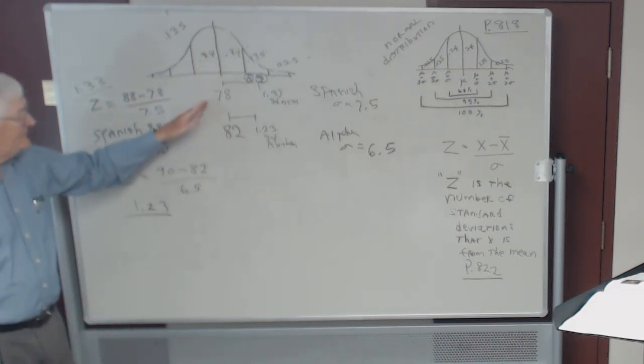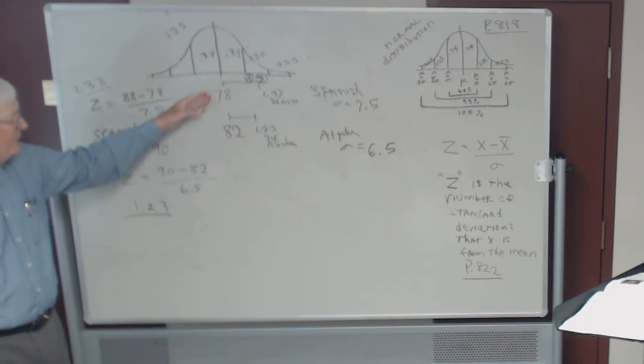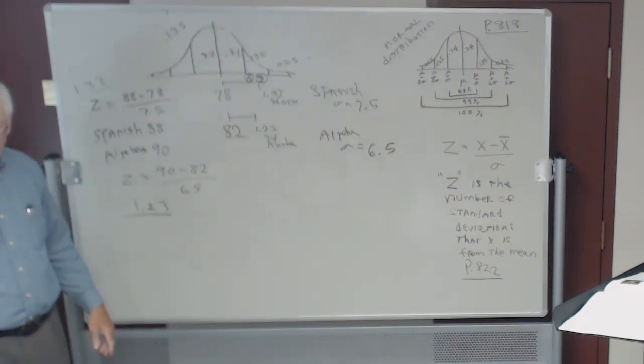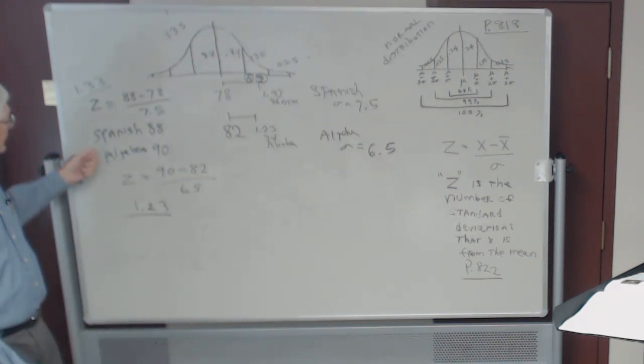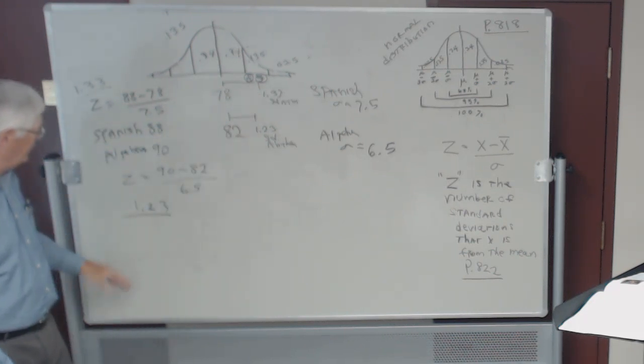Because the class average for algebra was 82, while the average for Spanish was only 78. So that makes his score of 88 ten points above the average.